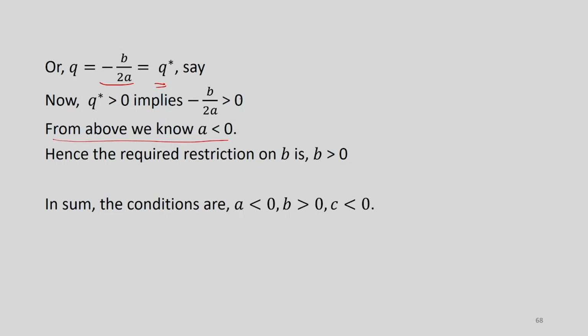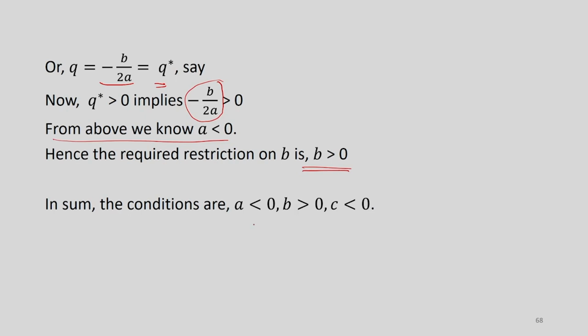That basically means that if this entire thing has to be positive, then b has to be positive, because minus and minus will make it a positive expression. So, b should be greater than 0. Okay, so we have solved the third part as well.